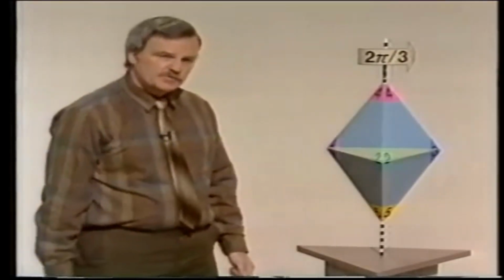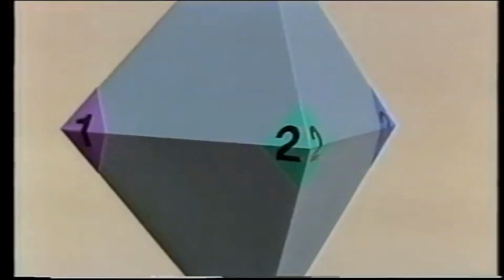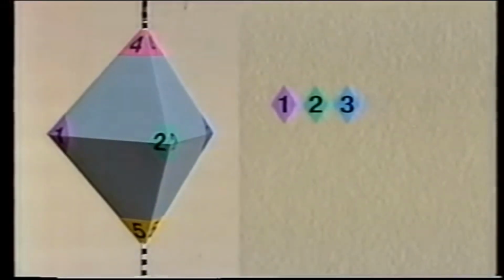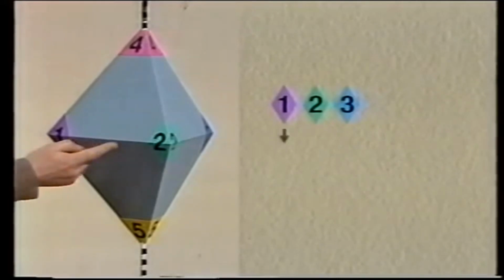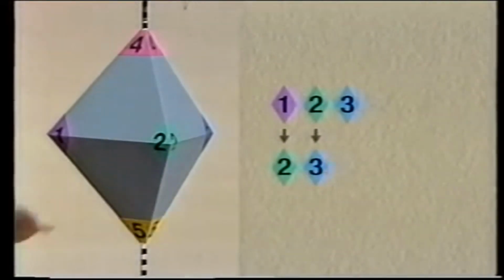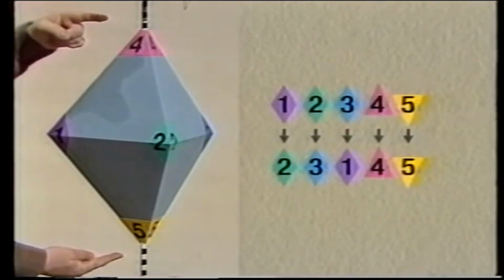Let's record where they've moved. The vertex in position 1 goes to position 2, vertex 2 goes to position 3, and vertex 3 goes to position 1. Vertices 4 and 5 stay put.